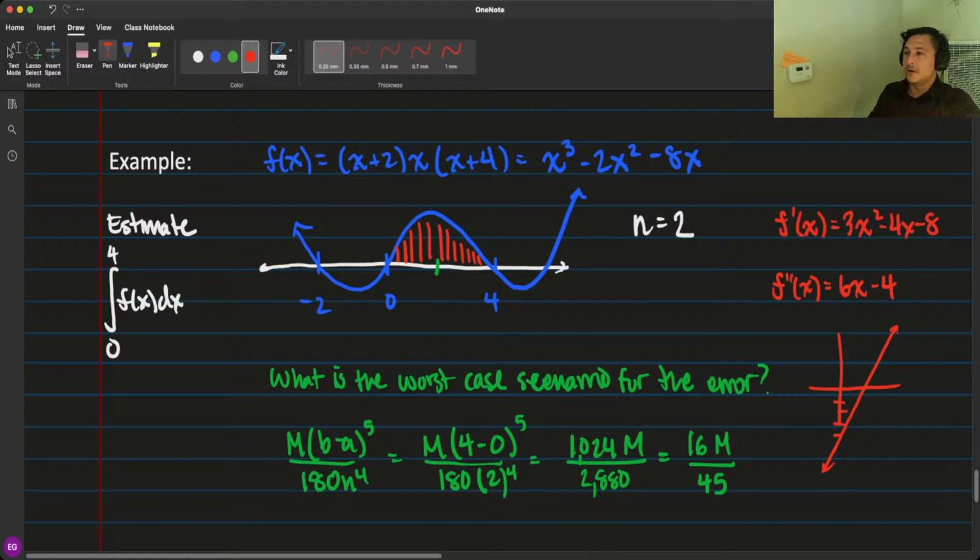Now if you're only caring about what happens between 0 and 4, your maximum will occur at 4. So we know that M will be whatever the second derivative is at 4, which will be 24 minus 4, which is 20.